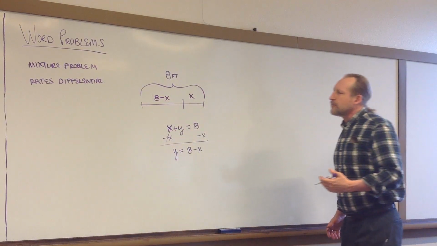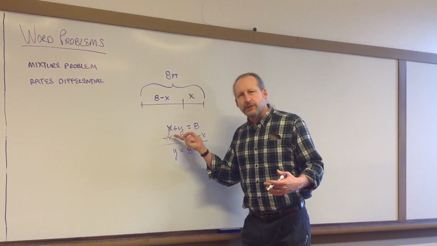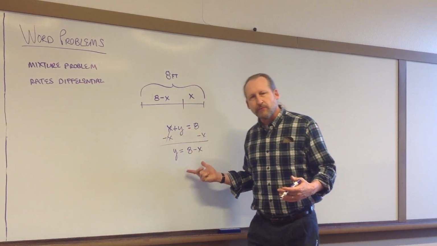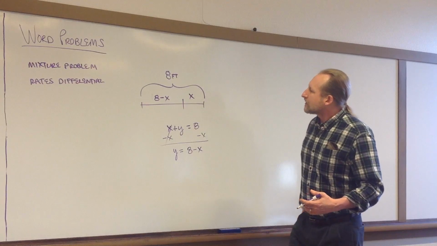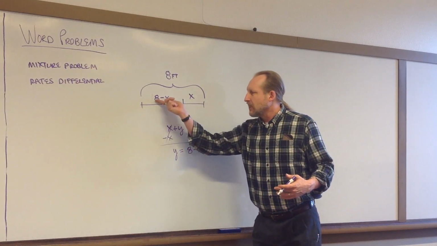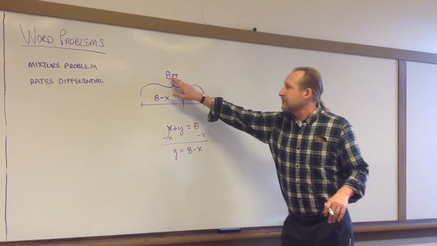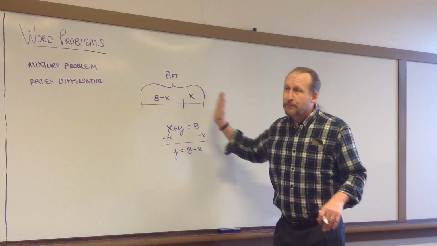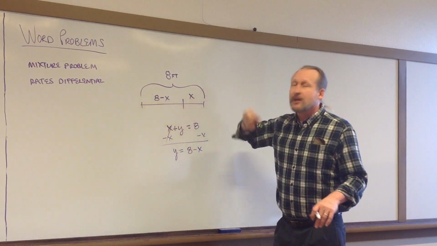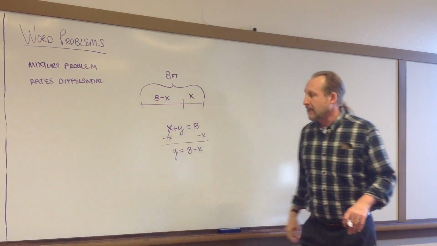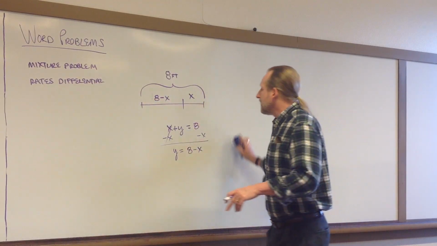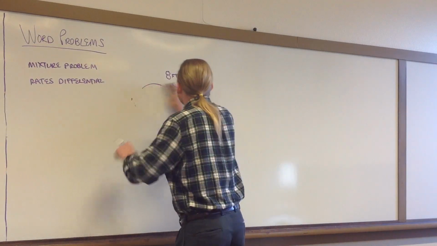Sometimes we'll have a separate equation that relates x and y, and then we get one of them by itself. Sometimes we can just bypass this and use that. So what I'm saying is that if you have a total of something and you split it into two pieces and one piece is x, the other one's going to be the total minus x. And we'll see that repeatedly in these mixture problems.